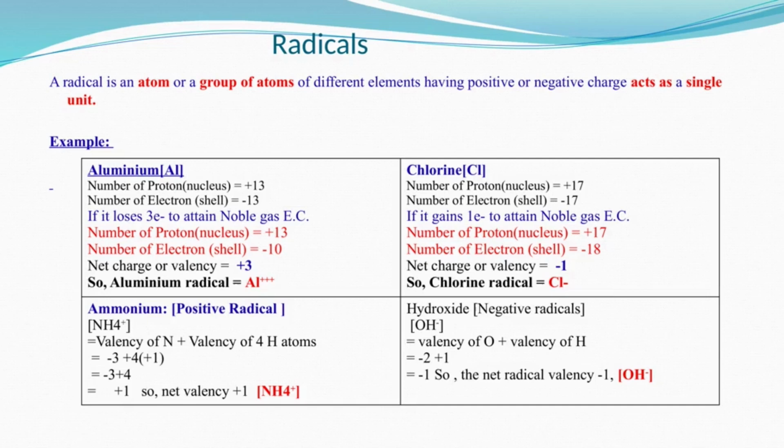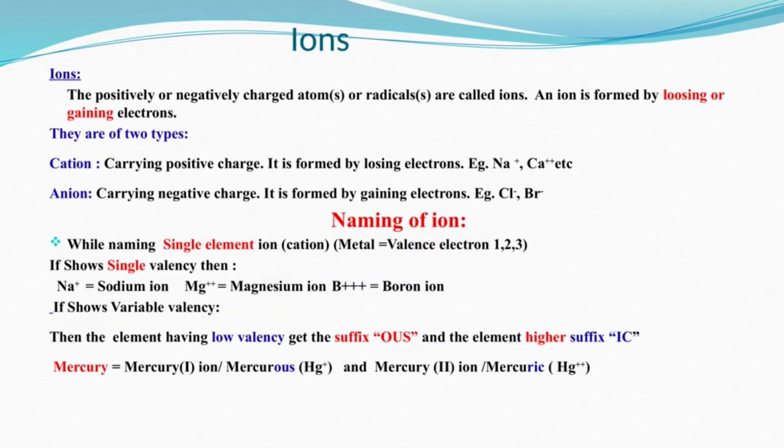Now, next slide please. Now, the next topic that we are going to study is about ions. So, what are ions? Let us see. Just now we have studied radicals, and in radicals also there was a charge.